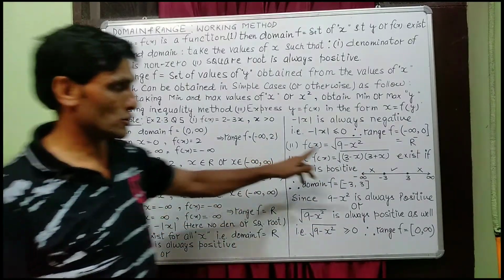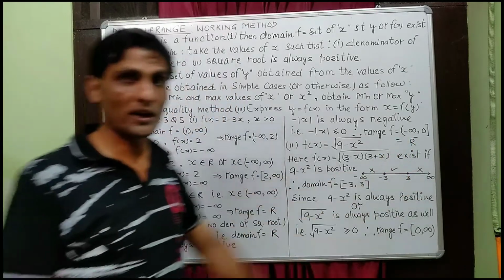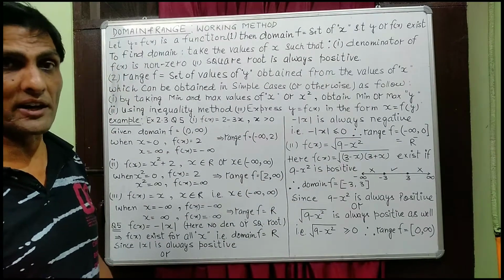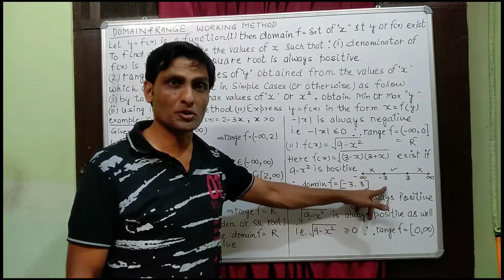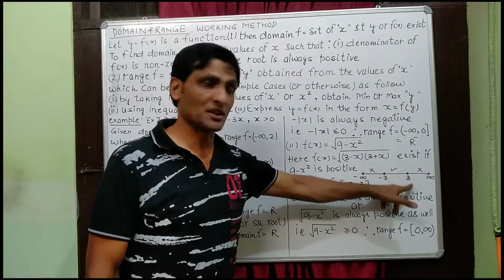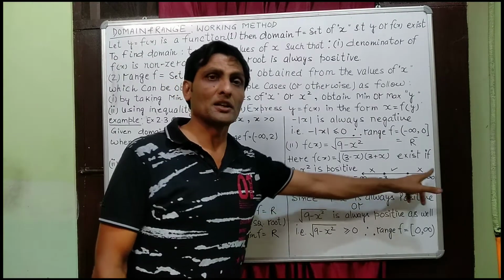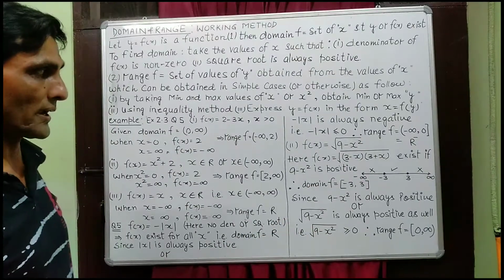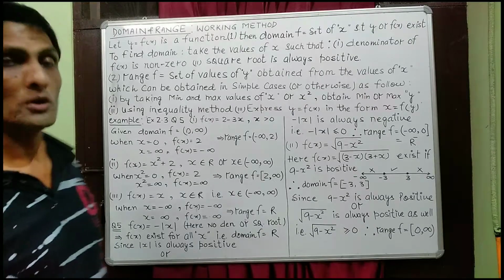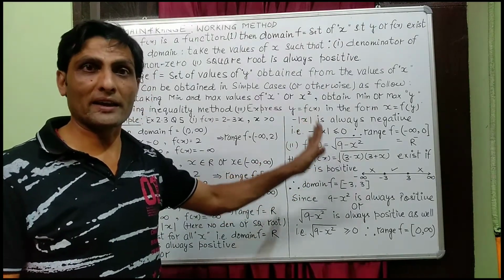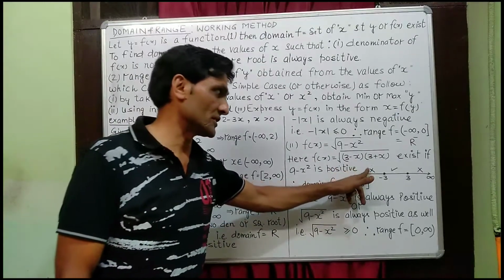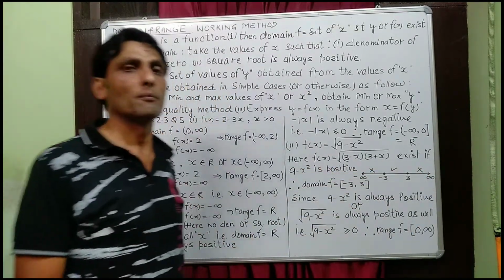Now take these values on the number line. Okay. Now your number line is divided into 3 parts: left of minus 3, that is minus infinity to minus 3; minus 3 to 3, the second part; and 3 to infinity. Three parts. Now check the sign of the function by taking a value of x from each interval one by one.